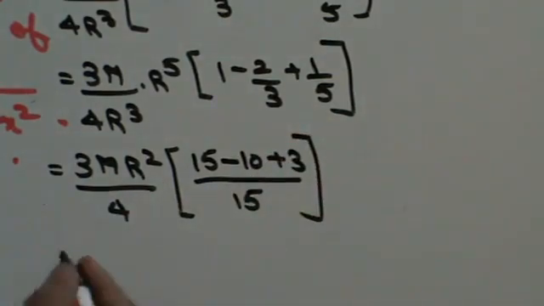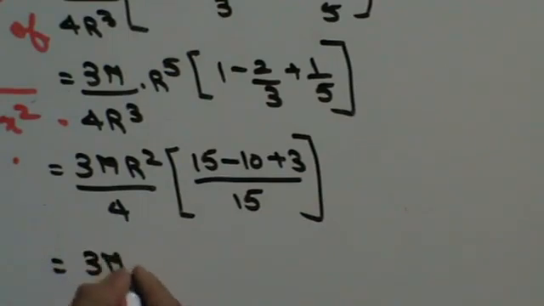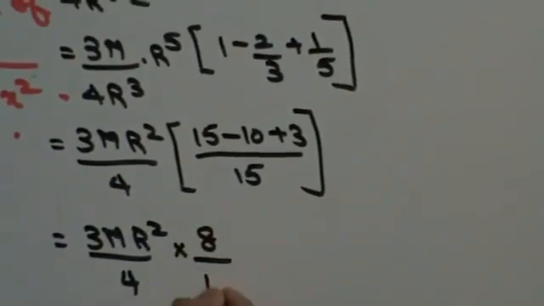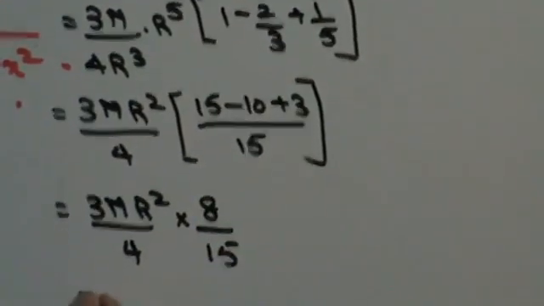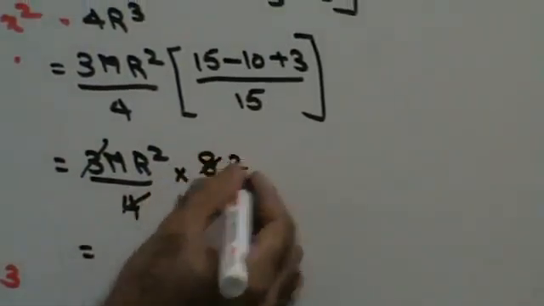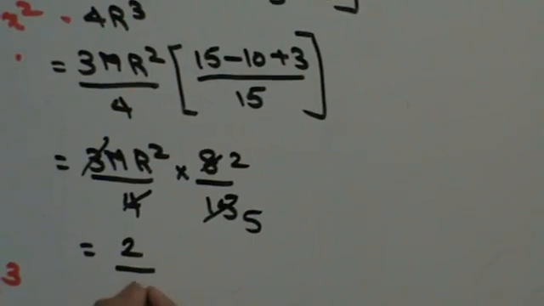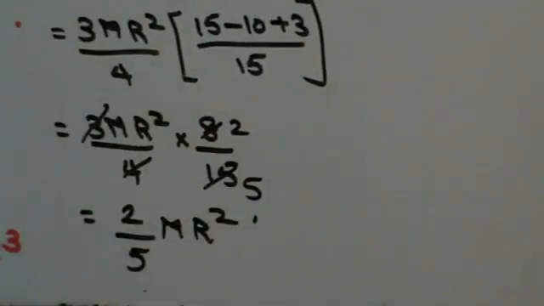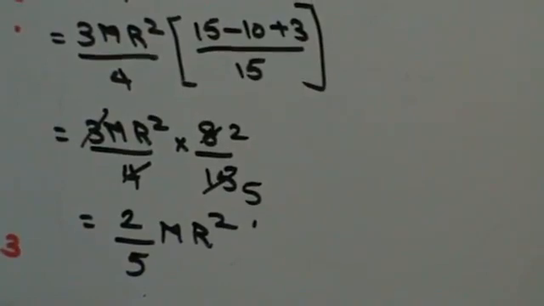So in that case this is going to be nothing but 3mr square by 4 into 8 by 15. So 1s are 5s are 2s are. This is 2 upon 5 mr square. So that is going to be my moment of inertia of a solid sphere about its diameter. Right? Do we get this thing clear?